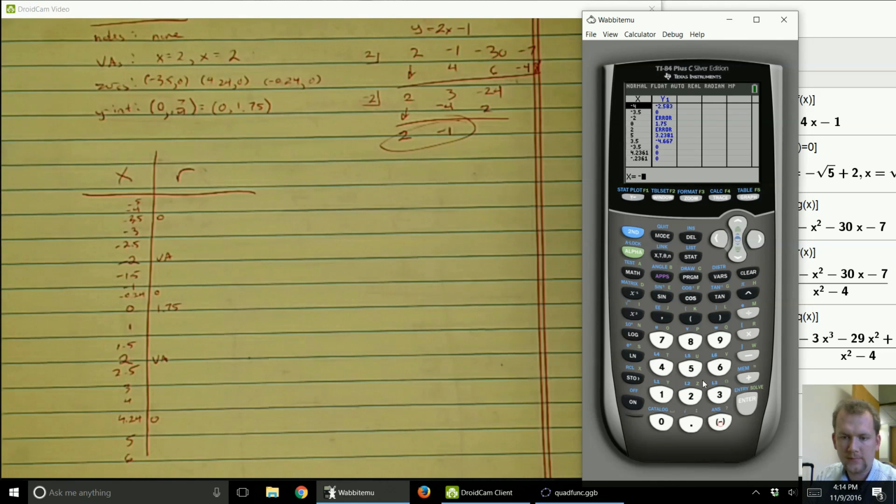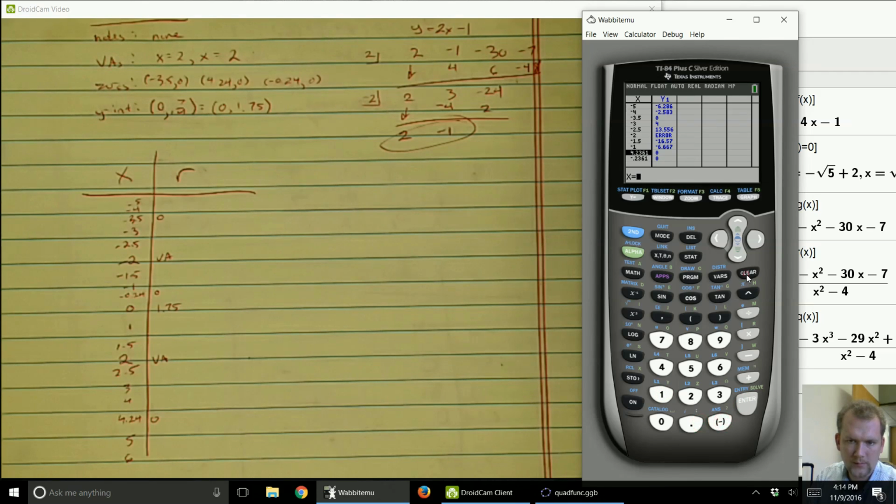Negative 5, negative 4, negative 3.5, hopefully gives us 0, negative 3, negative 2.5, negative 2 should give us an error, negative 1.5, negative 1, negative 0.24.